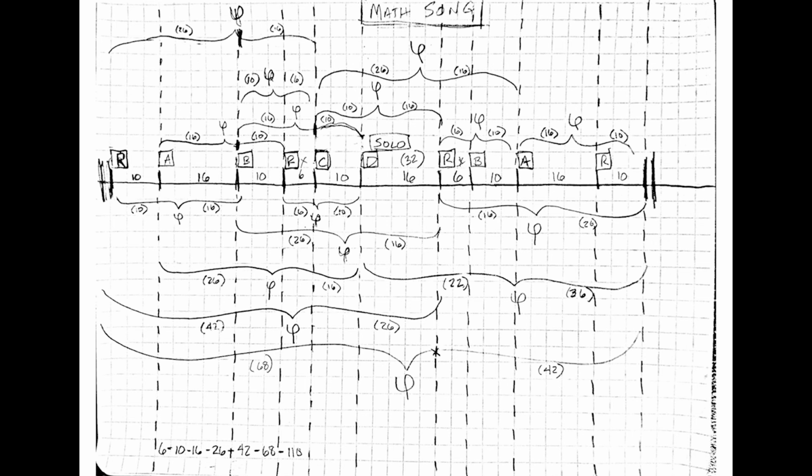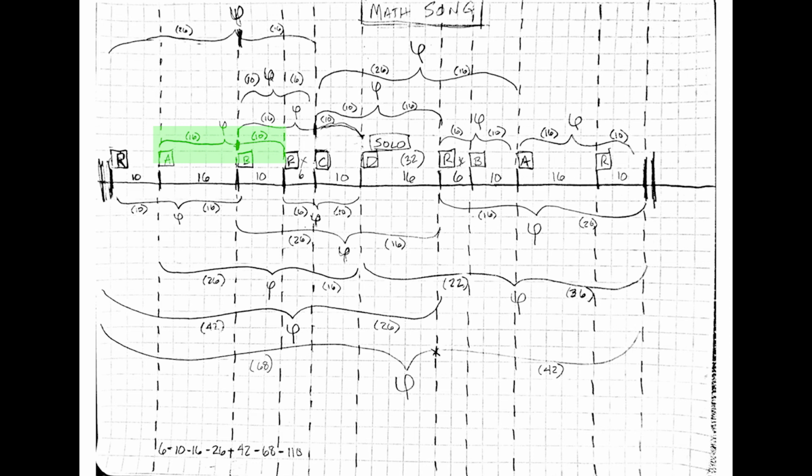That horizontal line, the solid line, that is the timeline for the song. The letters in the boxes, the R is the riff, and then there's letter A, letter B, those are the different sections. And the numbers that are sitting on the line, those are the number of measures each section is. And then the brackets that are pointing to that little symbol, that symbol is phi, that's the golden ratio.